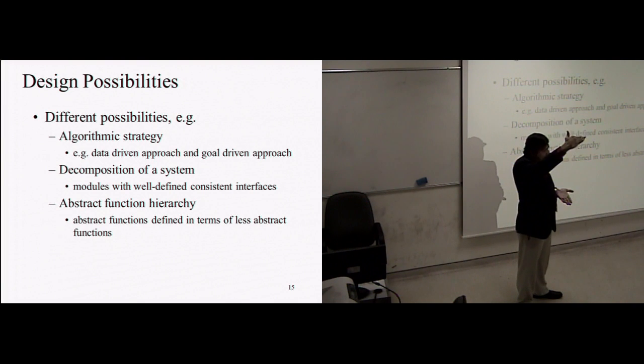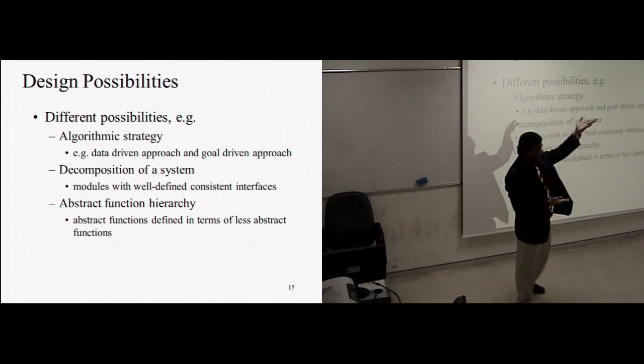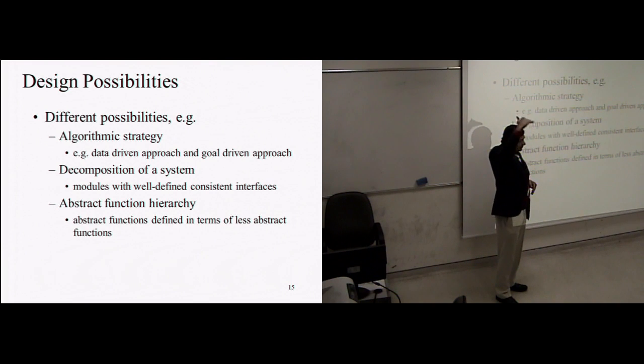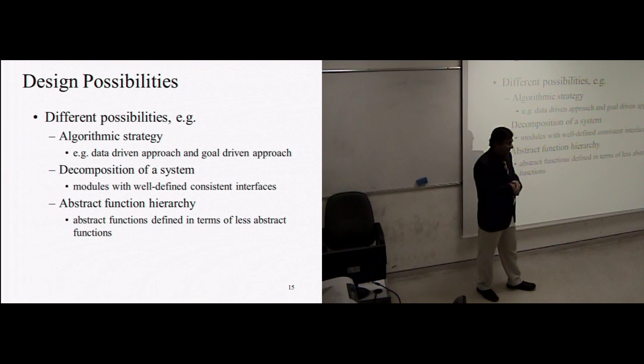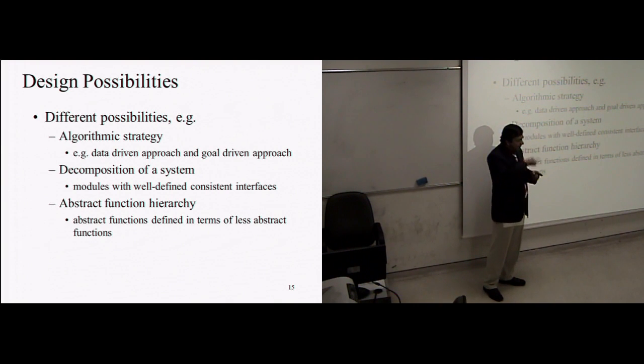Like you have the top down approach and the bottom up approach. Top down means you start from the top towards the end. Bottom up means you start from the bottom towards the start. That is the difference between data and goal: forward chaining and backward chaining, top down and bottom up.